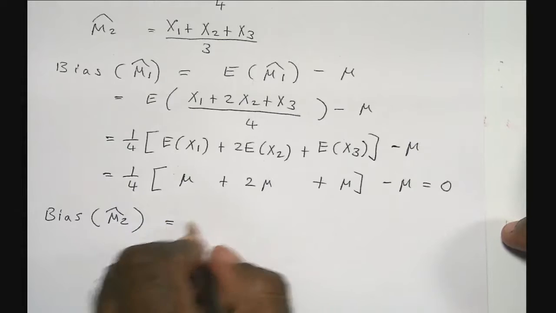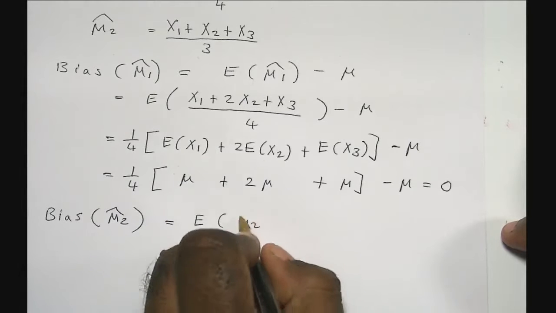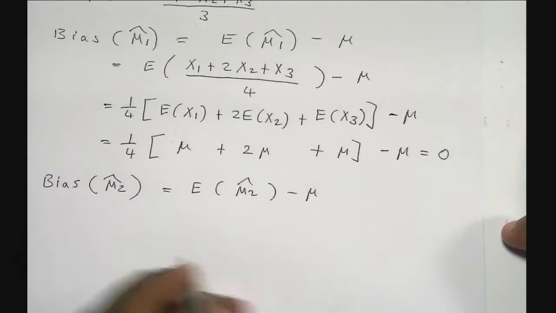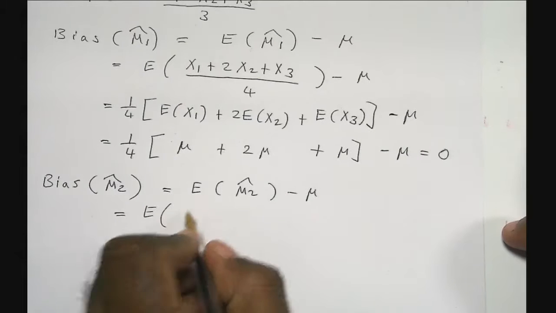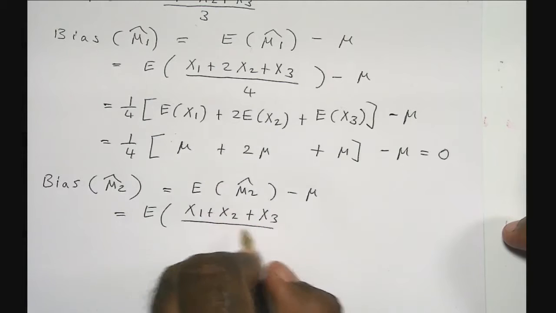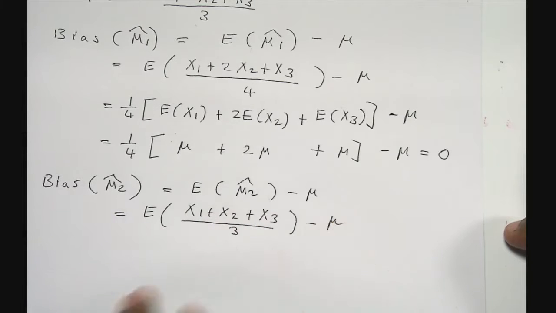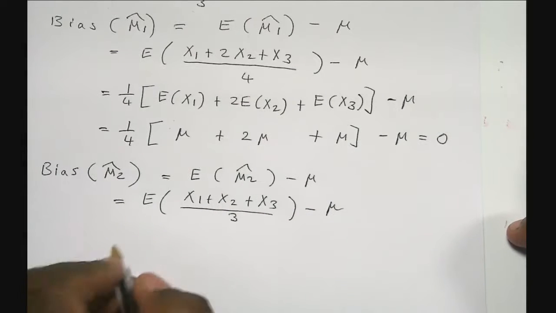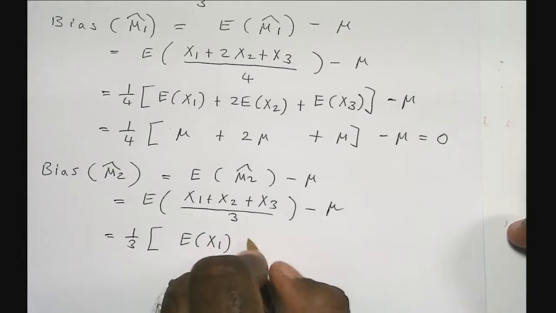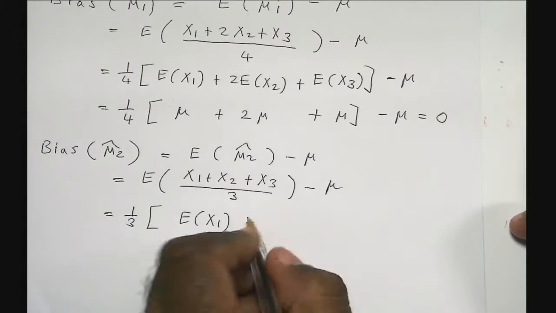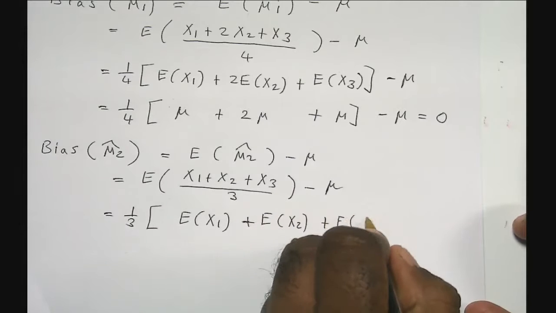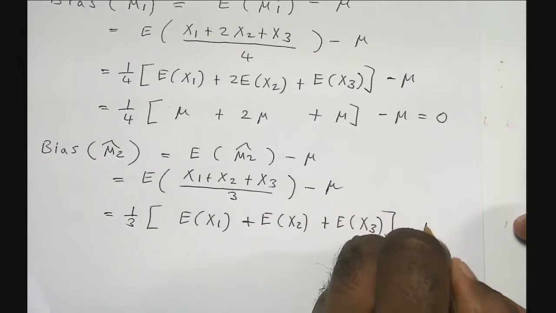By definition, this is equal to the expectation of the sum, and this is equal to a third times the expectation of x1 plus the expectation of x2 plus the expectation of x3, minus mu.